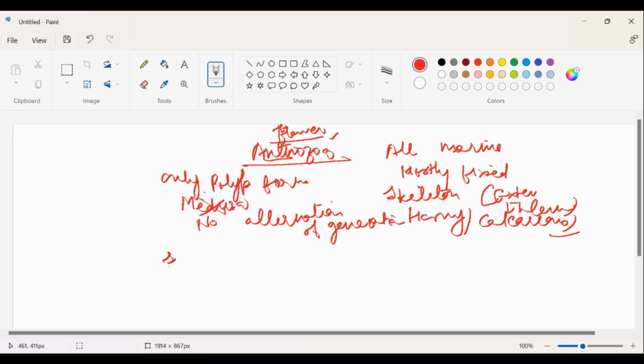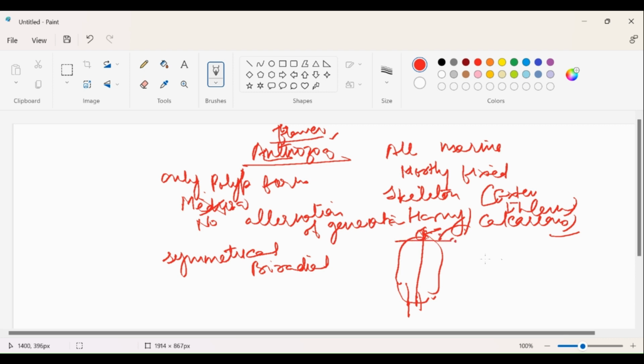Symmetry is biradial. Now I explain what biradial symmetry is. That means you can divide the polyp, from the aboral end to the oral end, into two equal halves at two planes at right angles to each other.